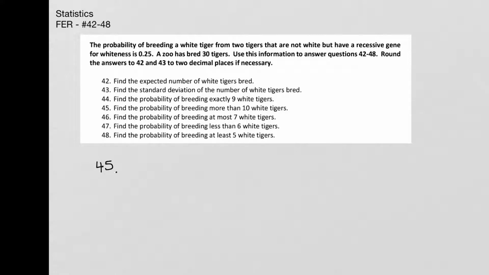In 45, we want the probability of breeding more than 10 white tigers. So here, I want the probability that the number bred is more than 10. So I'll say x is greater than 10. And so what we'll have to do in order to figure this out is to take 1 minus the probability that x is less than or equal to 10. That's the opposite.